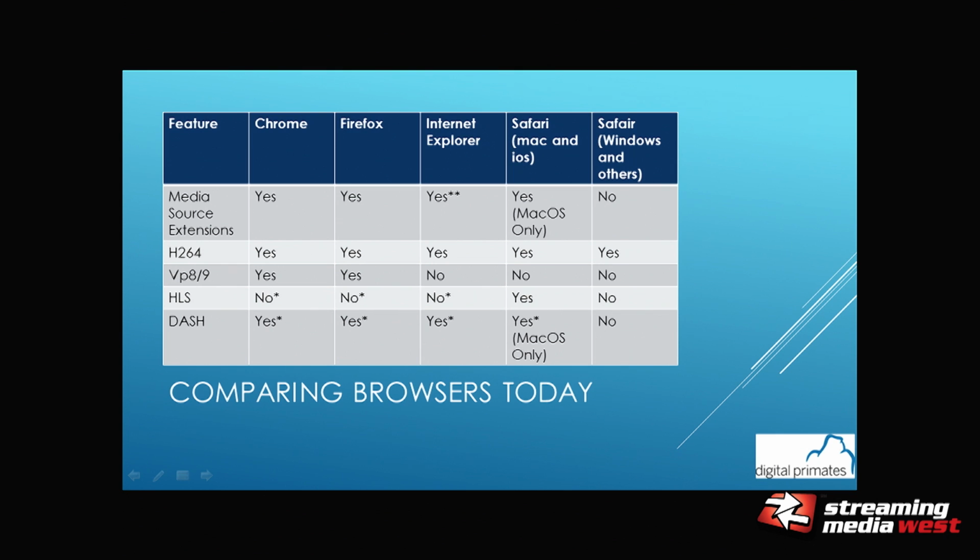HLS is only natively supported in Safari on Mac and iOS. You can build support with media source extensions on anyone that has media source extensions. And Dash with media source extensions can be played anywhere that has media source extensions. Now, the interesting thing about media source extensions, we'll talk about in the next slide.